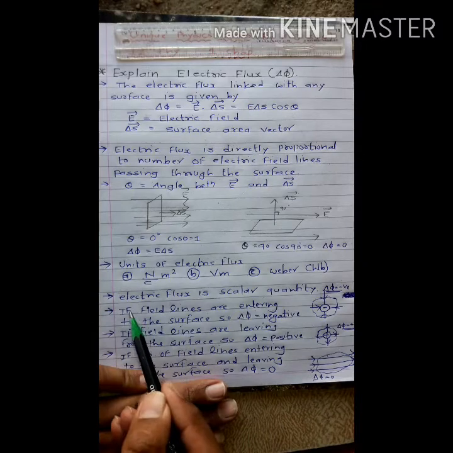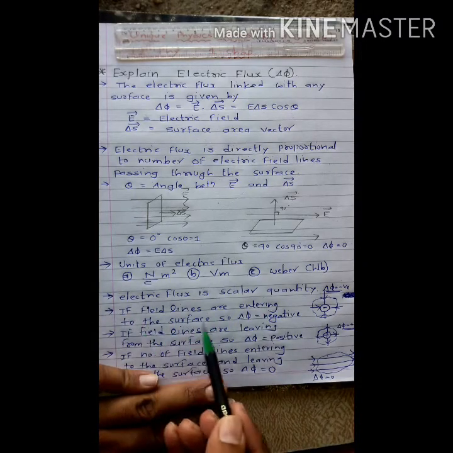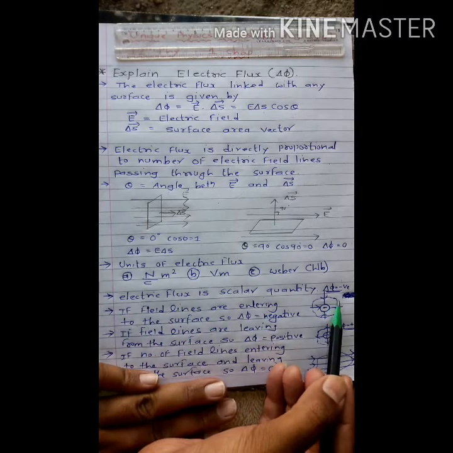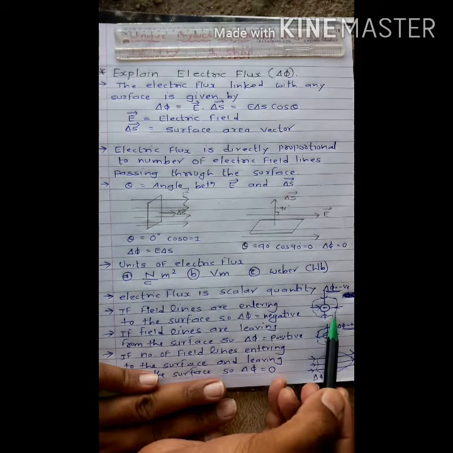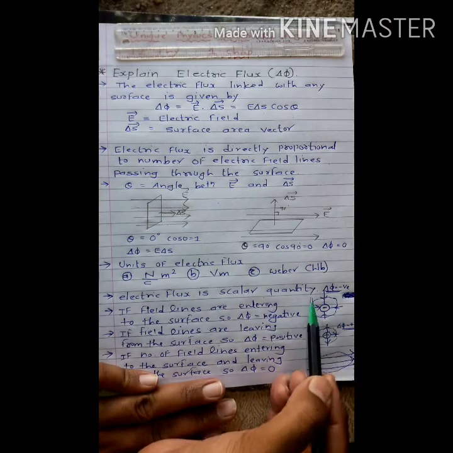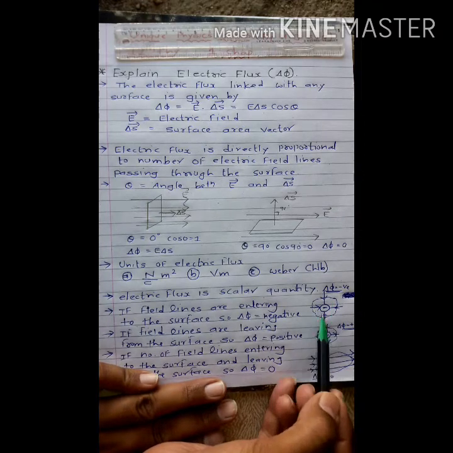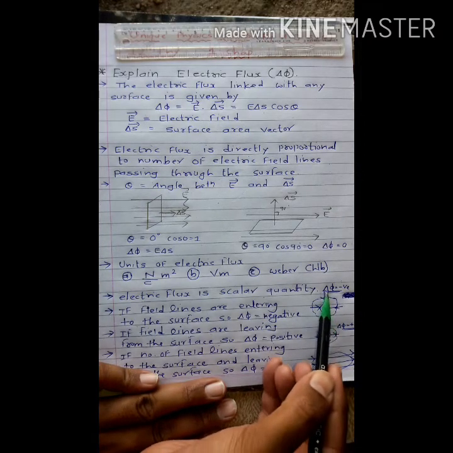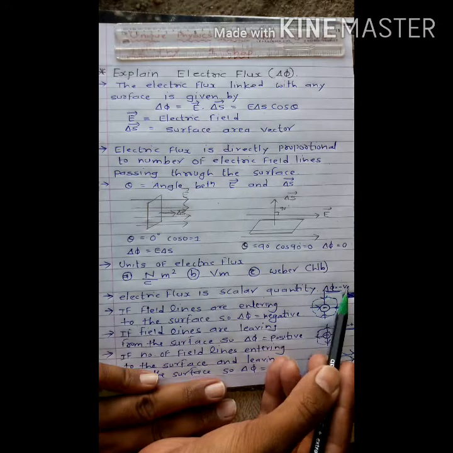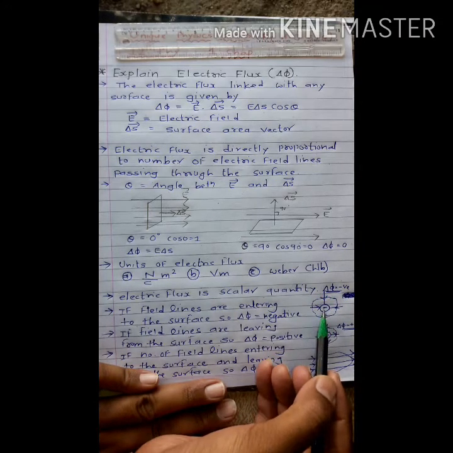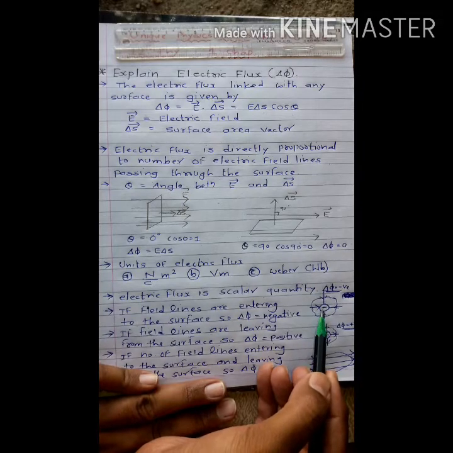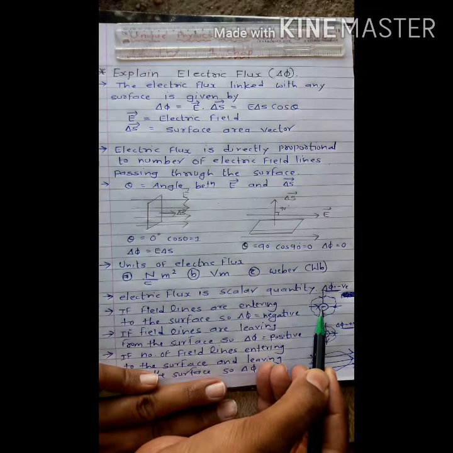First situation, if field lines are entering the surface. So suppose this is our closed surface, and here we consider four field lines. These field lines are entering the surface, that's why the electric flux linked with this surface is negative, because here we have a negative charge, and for a negative charge electric field lines are radially inward.